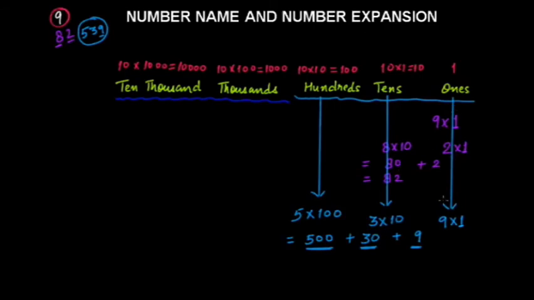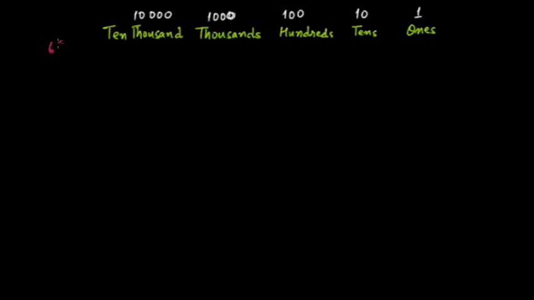Suppose you have, say, 6, 5, 4 and 3. How will you expand this number, and then how will you read this number, or what would be the name of this number? So 3 is at the units place, we'll write 3 here multiplied by its value. 4 here multiplied by its value. 5 here multiplied by its value. 6 here multiplied by its value.